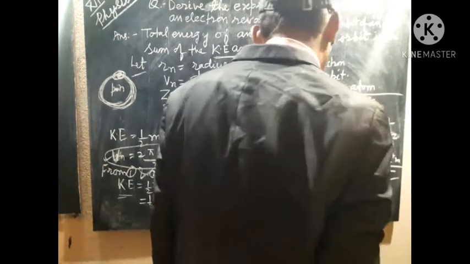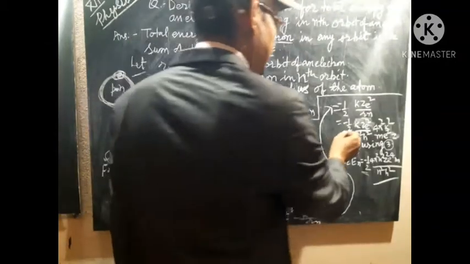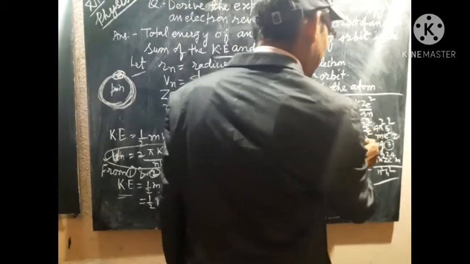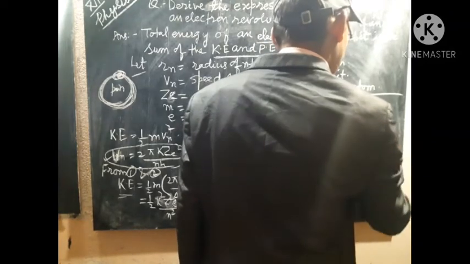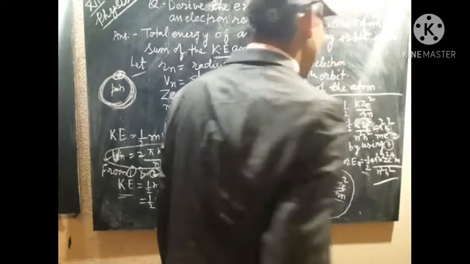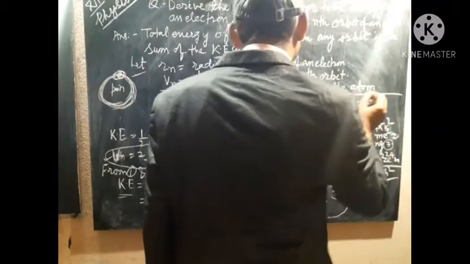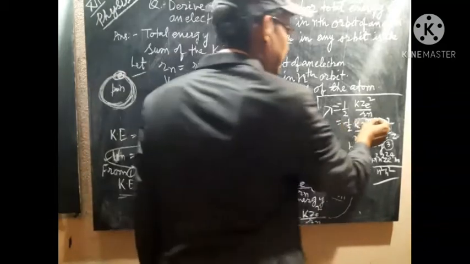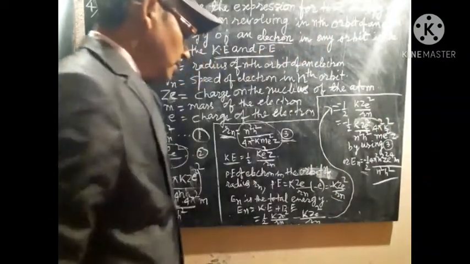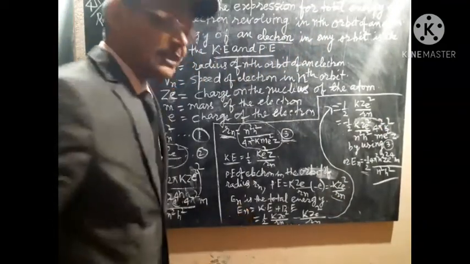So En is minus half k Z e square by Rn, and finally, minus half k Z e square by n square h square over 4 pi square k m e square Z, by using equation 3. Here you have to put the value of Rn for getting En, the total energy.